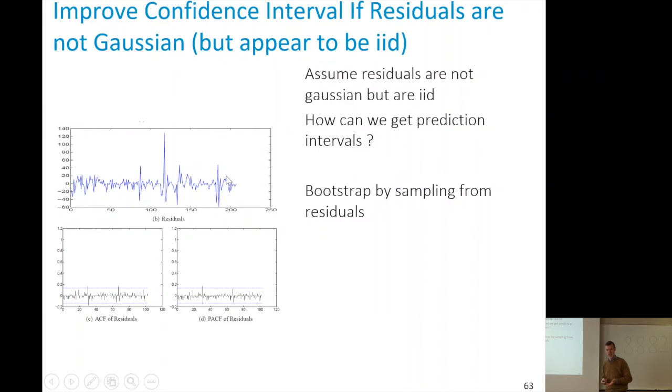If I want now to say more about a prediction, I can do bootstrap. Bootstrap from residuals, where I say, I will treat these residuals as my bag of residuals, my IID sequence. And then to say something about the future, I will perform simulations drawn from this bag of residuals with a fitted model.